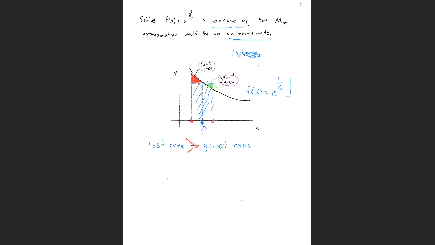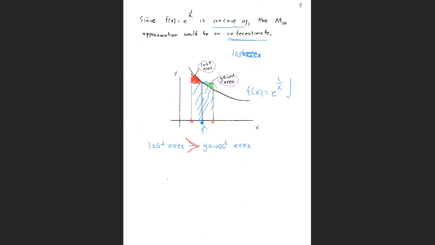So in other words, we are underestimating our integral. The midpoint rule with the concave up function is going to give us an underestimate, because the lost area that the midpoint rule doesn't capture is more than the gained area that the midpoint rule does capture.